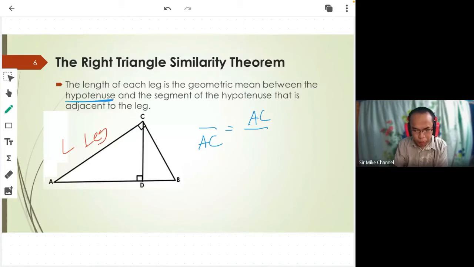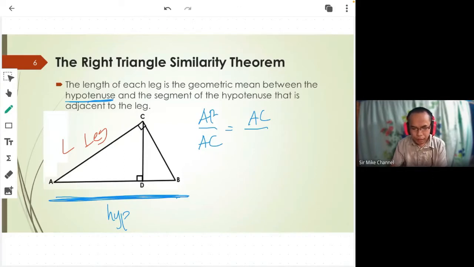Okay, ito yung hypotenuse, ito yung hypotenuse ng malaking triangle natin. Ito yung AD, ito yung part na yan. Diba? Ito yung hypotenuse natin. So that is AB. So AB nandito yan. And then, hypotenuse that is adjacent to the leg.